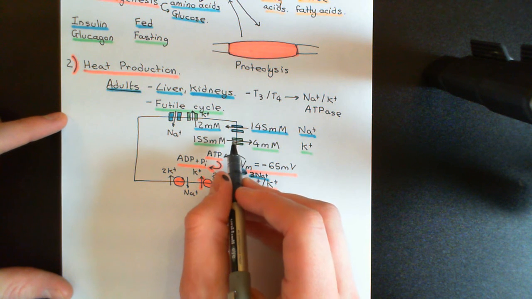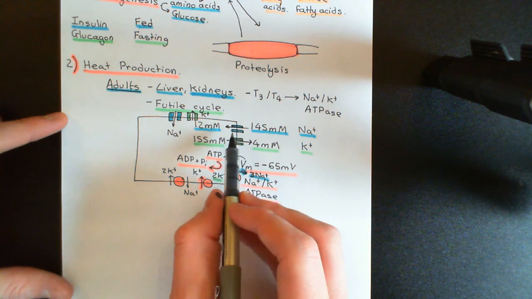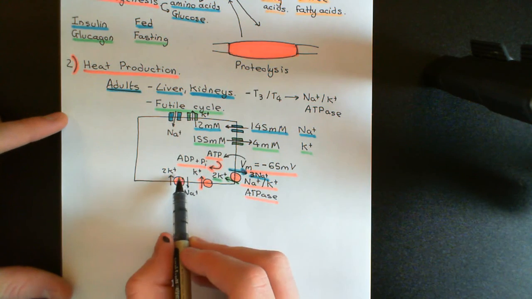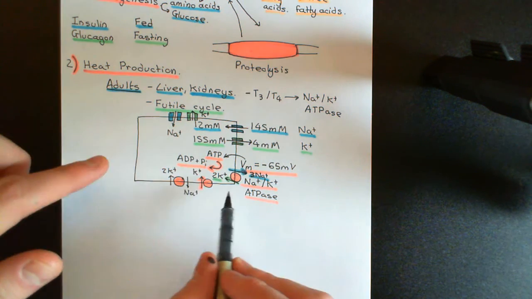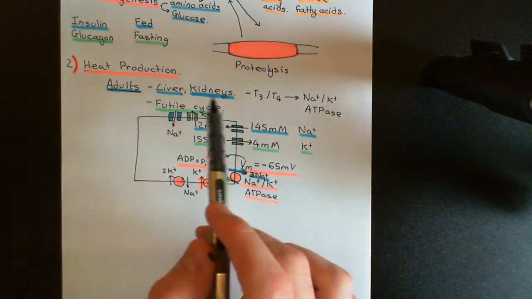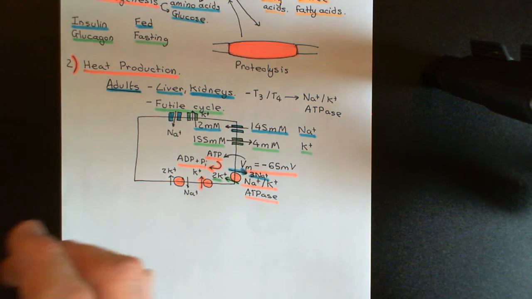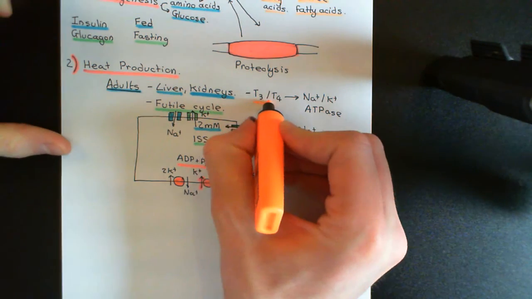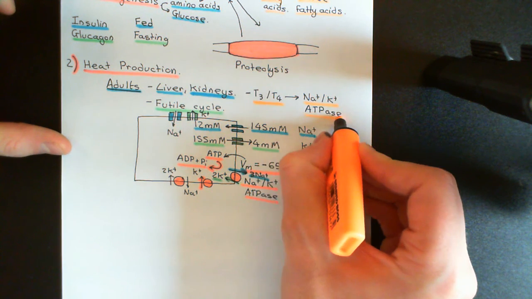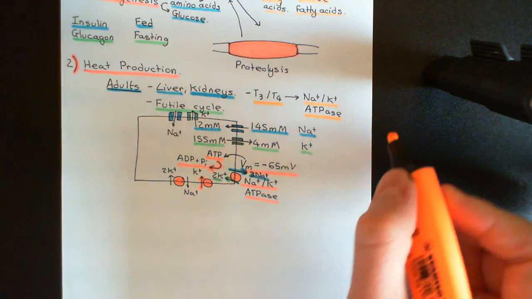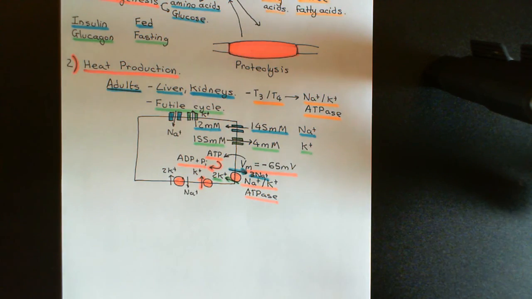However, we know that that must happen, because if it didn't happen and you did increase the number of sodium potassium ATPases, there would be problems with the equilibrium, and the equilibrium isn't actually being disturbed. So we know that what must be happening is that leaky sodium and potassium channels must also have their expression increased by T3 and T4, but we haven't yet experimentally found which sodium channels and which leaky potassium channels are actually having their expression increased. But we believe that that must be what's happening.